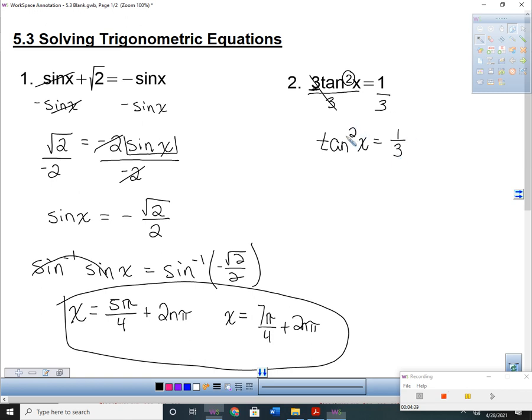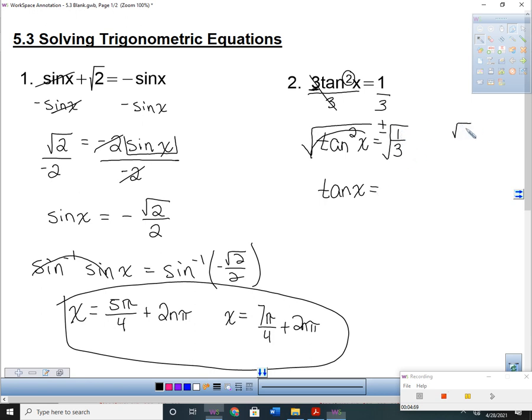And then I'm going to take care of that squared up there by taking the square root. Now, just like with anything else, if I square root in an equation, I have to do the positive and the negative root. So now I have tangent of x is equal to, and then I'm going to have to simplify this.